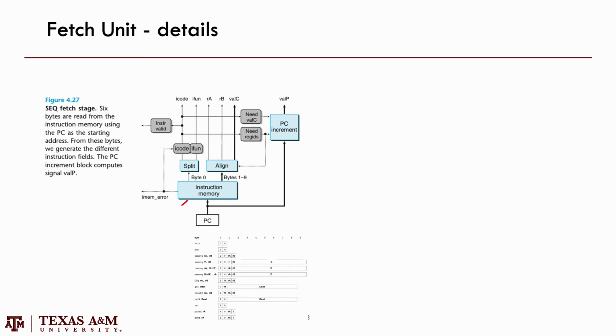Here you can see blue boxes: instruction memory, split, align, and PC increment. These blue boxes are hardware modules with registers, and they are synchronized with the clock cycles. And there are other boxes, gray boxes: instruction valid, icode, ifun, need valC, need regids.